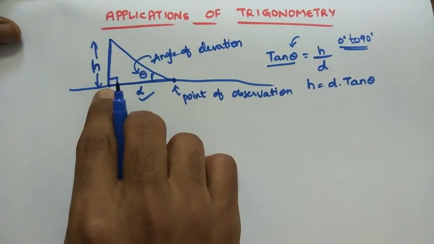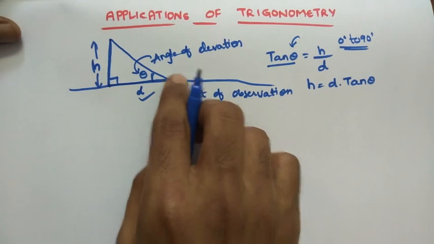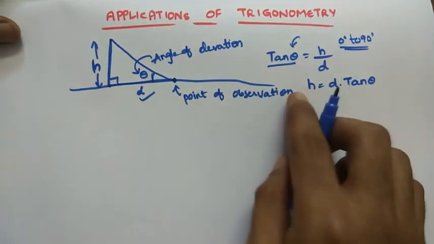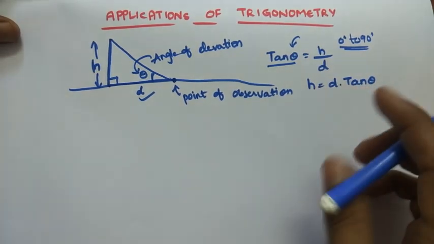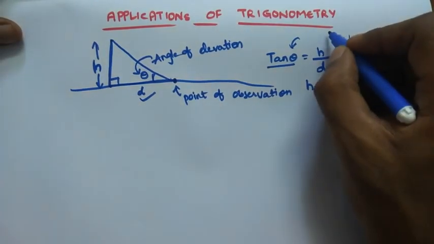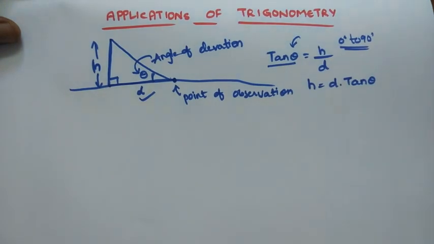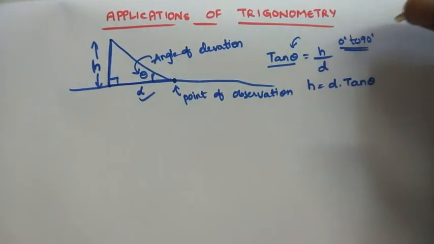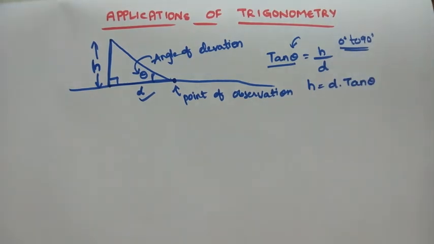Just at a certain distance we'll go and keep the instrument to calculate the angle of elevation. So this d into tan theta gives the height. In this way we can apply trigonometry to our daily life application. This is one of the examples. Trigonometry has greater importance in the field of science and mathematics.